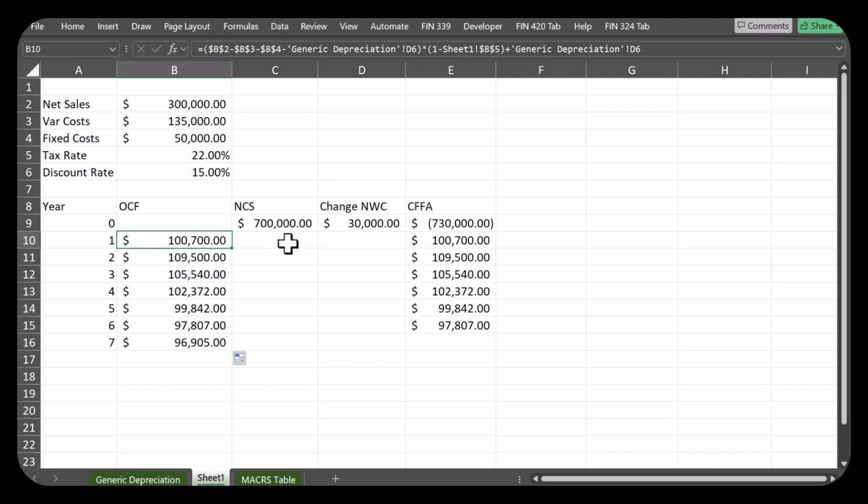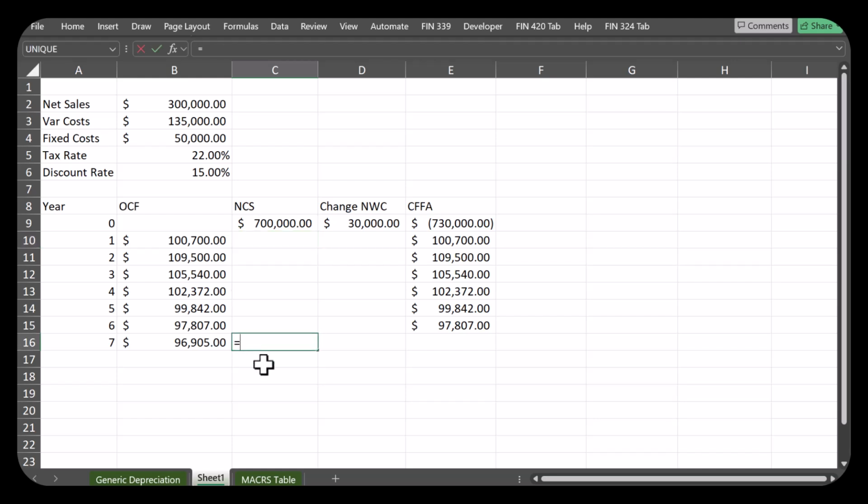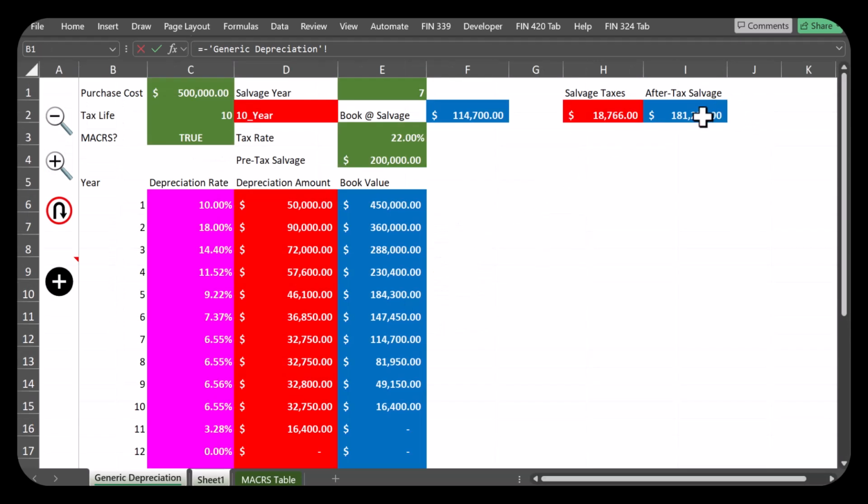Obviously, for years 1 through 6, net capital spending and change in net working capital is 0. On the last year, we're going to have negative of the after-tax salvage as net capital spending. It is, in a sense, negative capital spending.